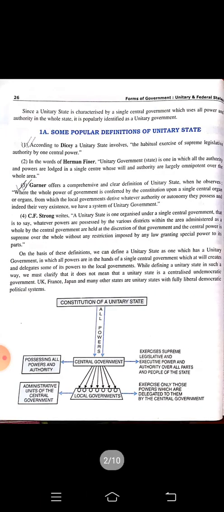Next, here you can see four popular definitions given. The broadly accepted one is Dicey's, so we can go through Dicey's definition, as it is written here: the habitual exercise of supreme legislative authority by one central power. That means all the central powers are vested in one place.